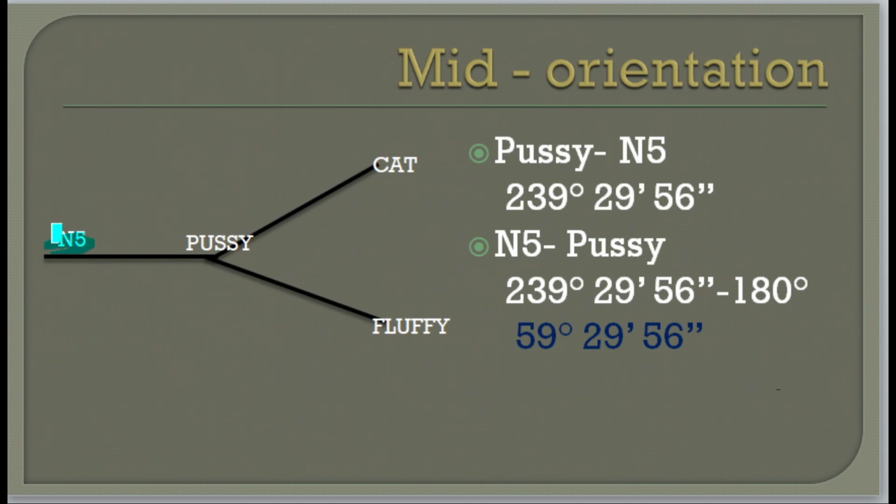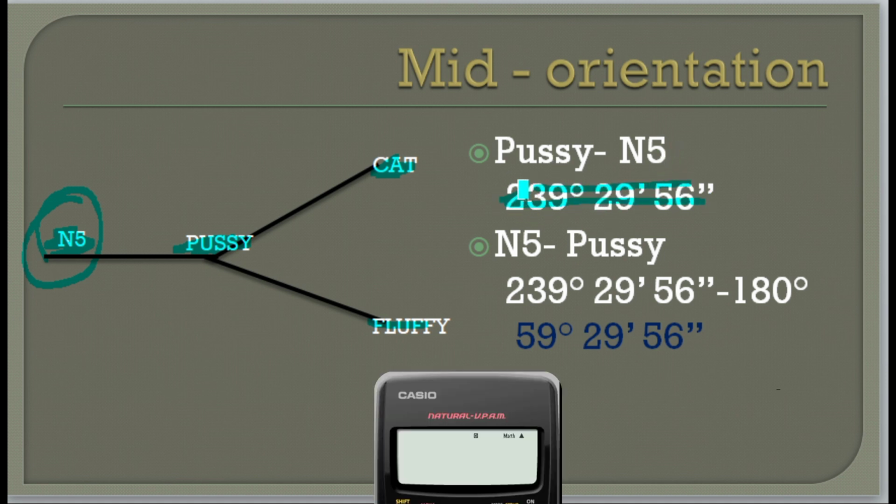So from N5 to the pussy, to the cat, to the fluffy. So here is where our mid orientation correction was applied. From that value, pussy to N5, we had gotten 239 28 56.